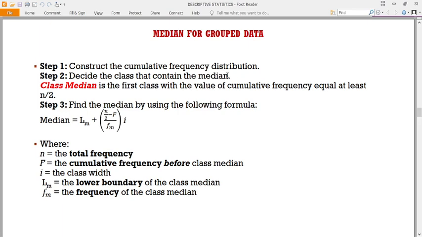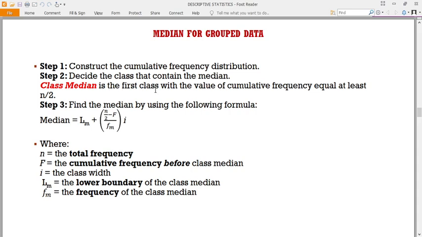How do we tell the median? If you look at a data set, we always have the total number or the summation, which is our total frequency, or n. So we look for that class that has n divided by 2, or where n divided by 2 lies.